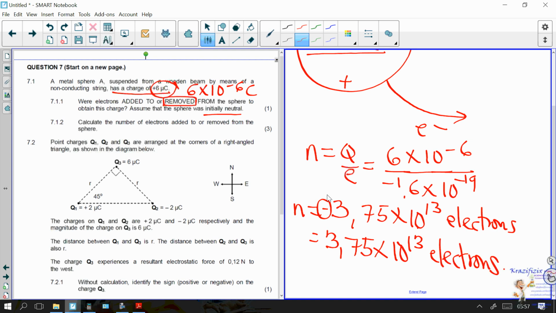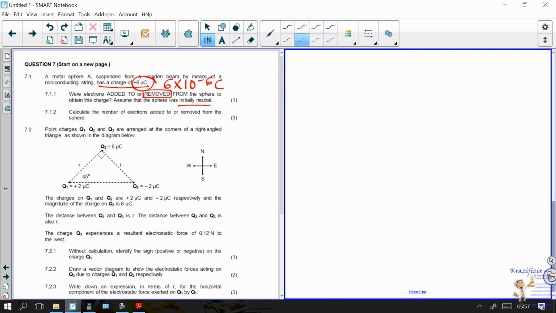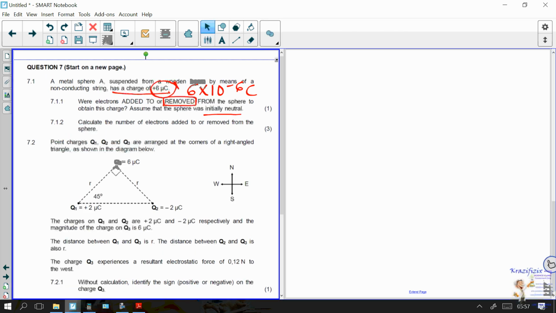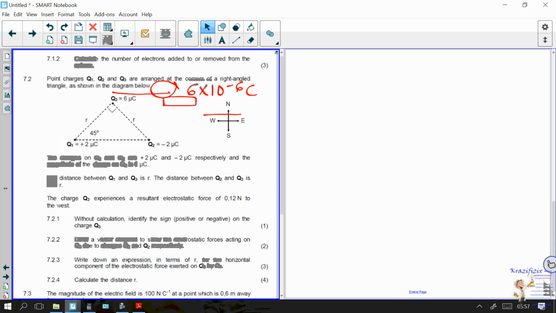Great. Point charges Q1, Q2, and Q3 are arranged at the corners of a right angle triangle as shown in the diagram below. We have that right angle triangle there. Let's move this up so that it's visible.